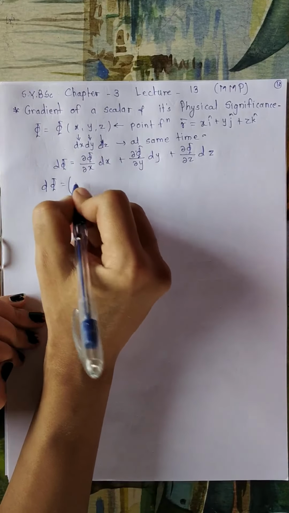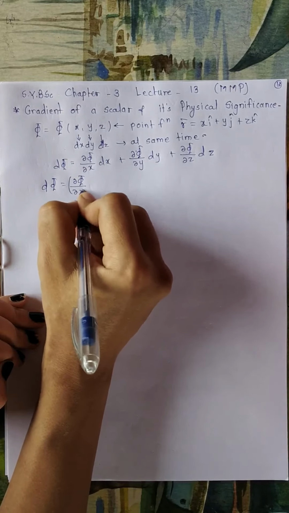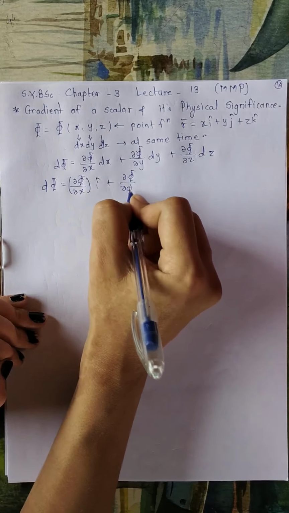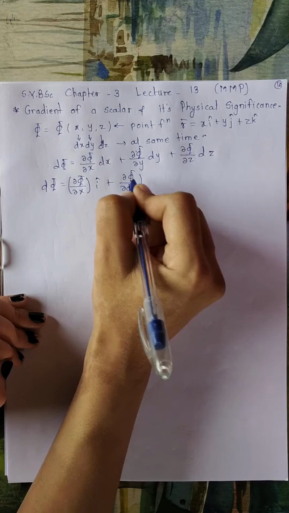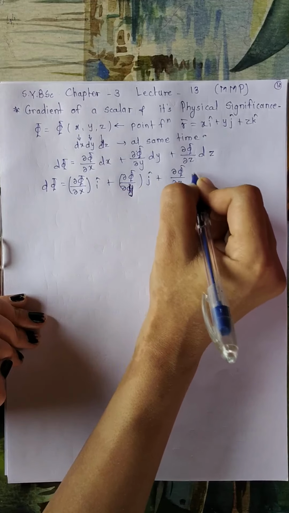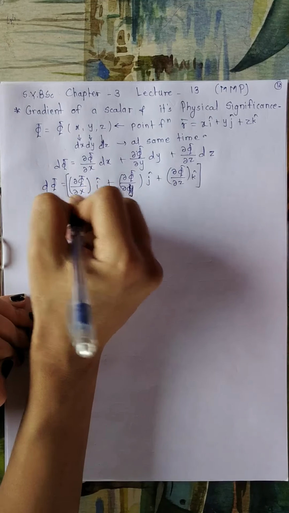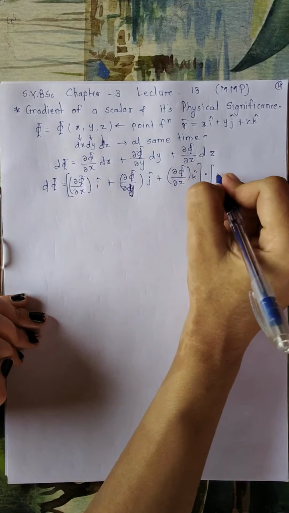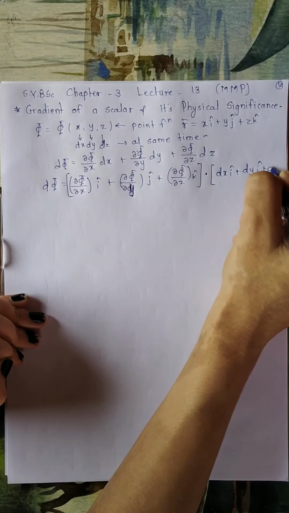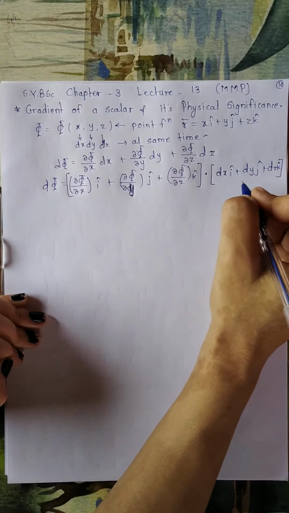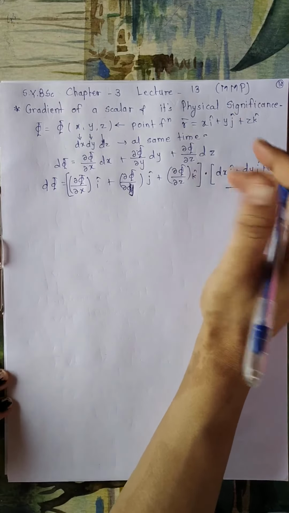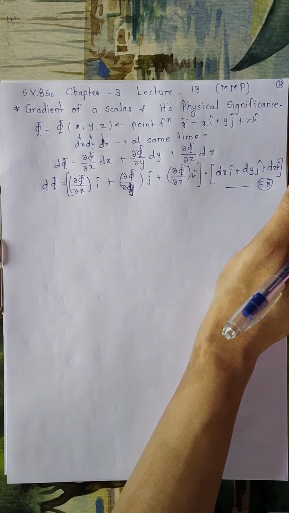Now we will take this as a dot product of dou phi upon dou x i cap plus dou phi upon dou y j cap plus dou phi upon dou z k cap, and this is dotted with dx i cap plus dy j cap plus dz k cap. This also we have already discussed. Let's say this is equation 58. In the last lecture we already did all this discussion.